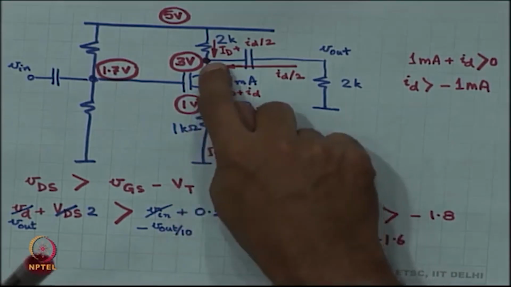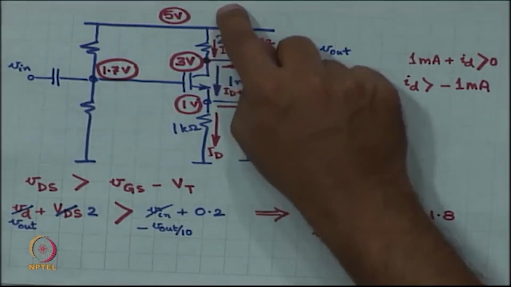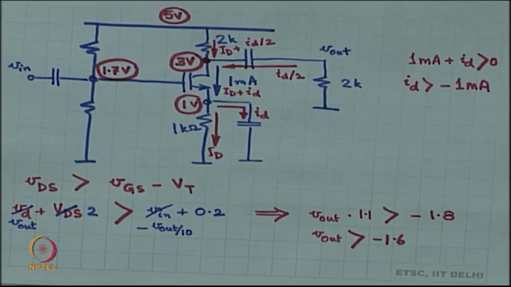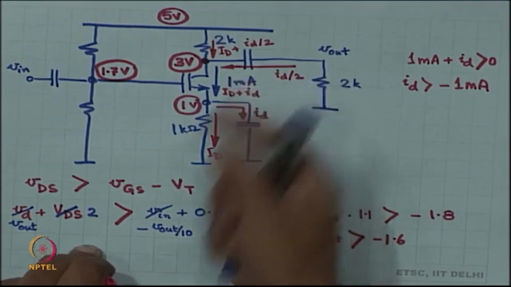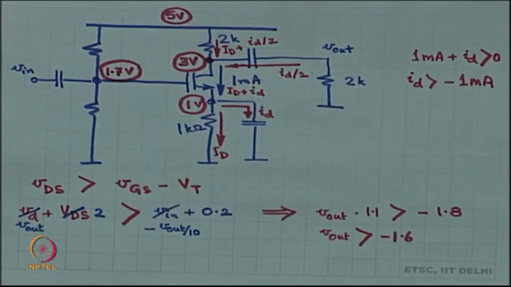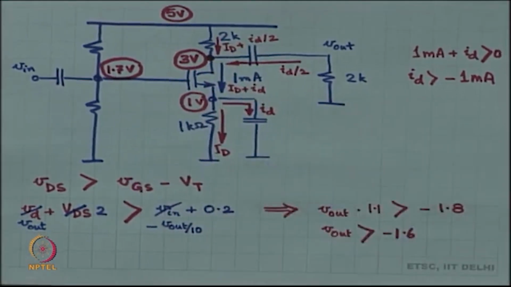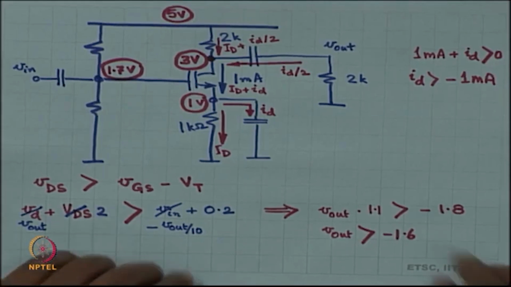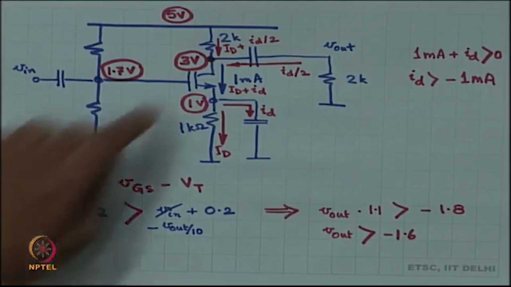All right. Now, small id by 2 is the signal current coming from the drain resistor. Small id by 2 is the signal current coming from the load. Fine, it is an equal split because these two resistors happen to be equal. What is going to be the change in V out? What is the relationship between V out and small id? Yes.